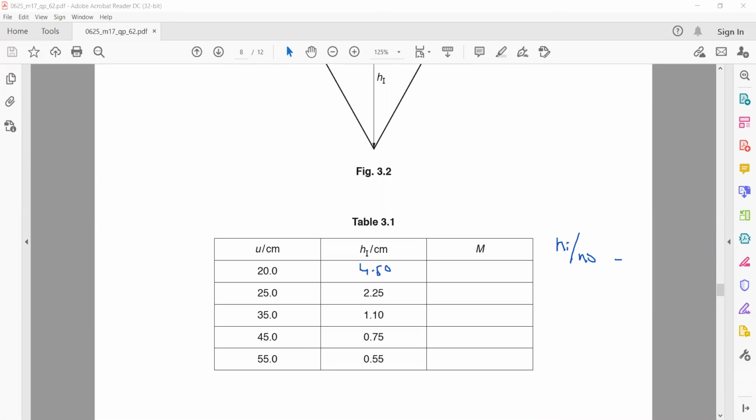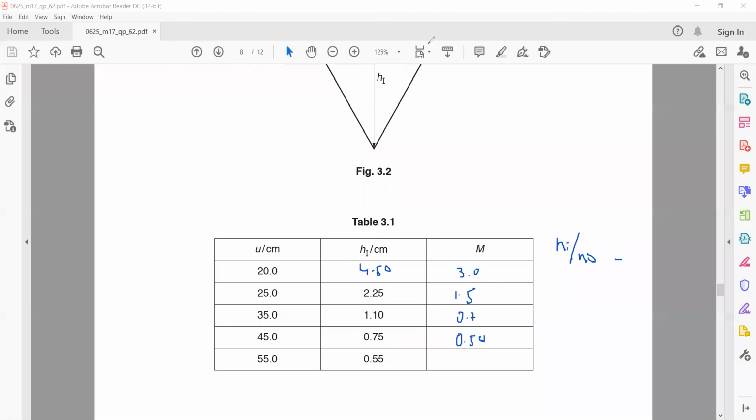That's 3. The second value, 2.25 divided by 1.5, that's 1.5. Then 1.1 divided by 1.5. So I'm taking one decimal, so 0.7. 0.75 divided by 1.5, so 0.5 will be there.